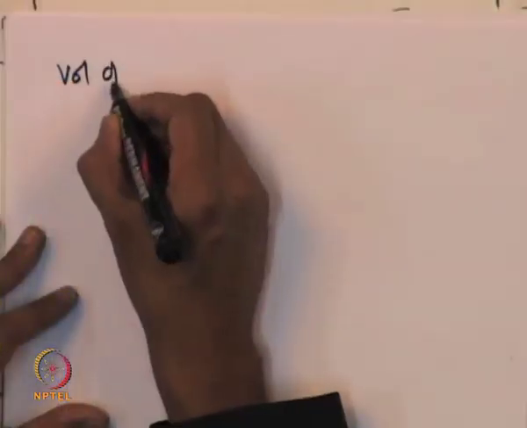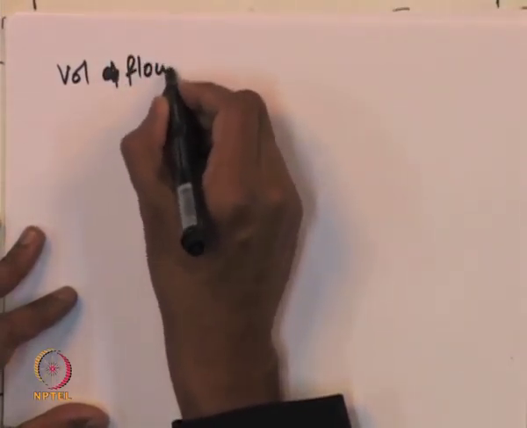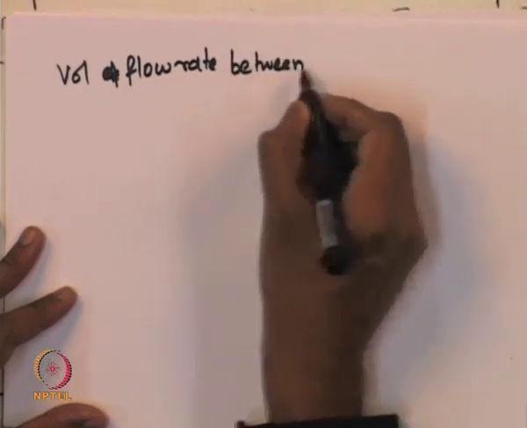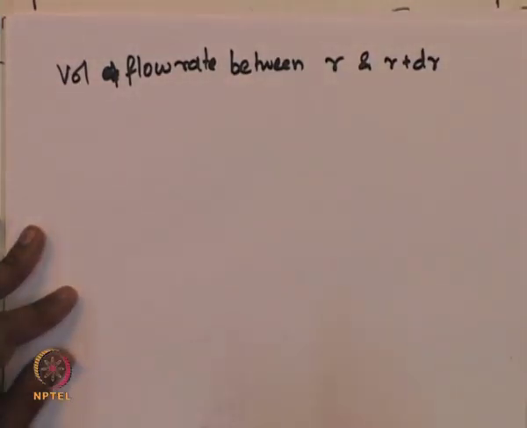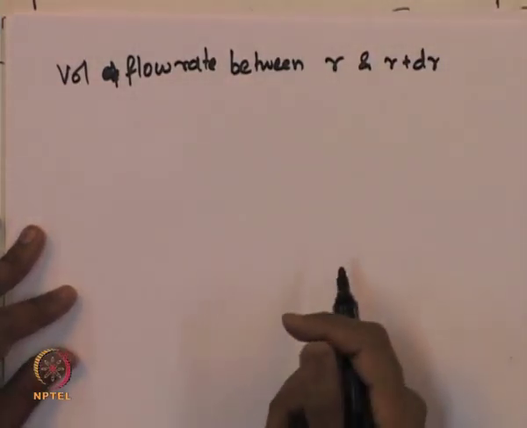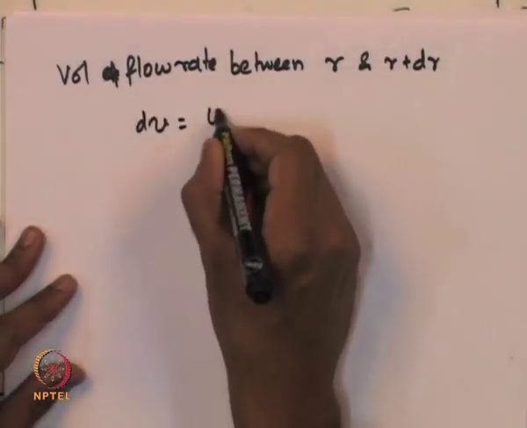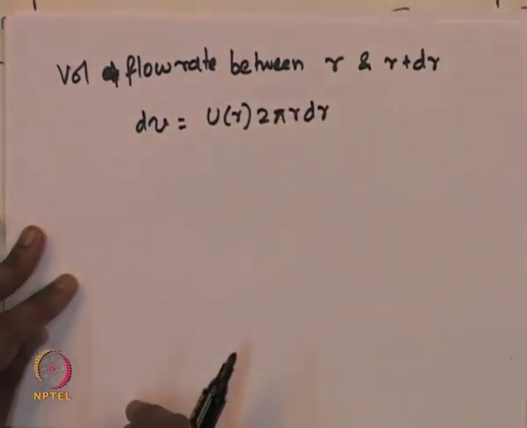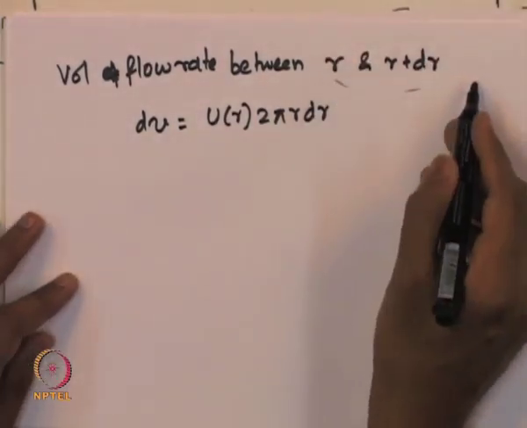So, now the volumetric flow rate of the fluid flowing between r and r plus dr is given by dV, which is equal to u of r into 2 pi r dr. So, that is the volumetric flow rate of the fluid flowing in this element dr, that is, between r and r plus dr.